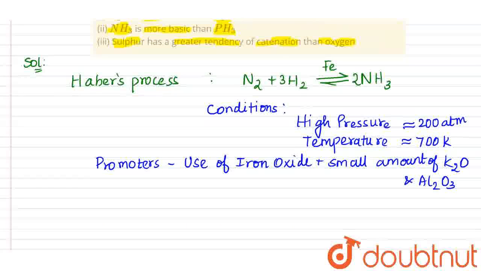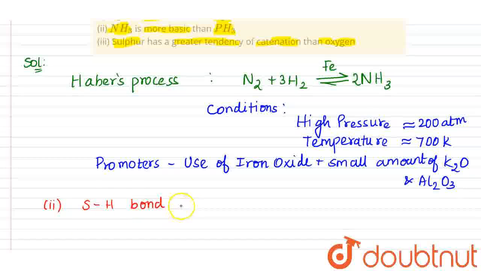The first one is that hydrogen sulfide is more acidic than water. It is because the sulfur-hydrogen bond, the bond between sulfur and hydrogen in H2S, is weaker than the oxygen-hydrogen bond in water.